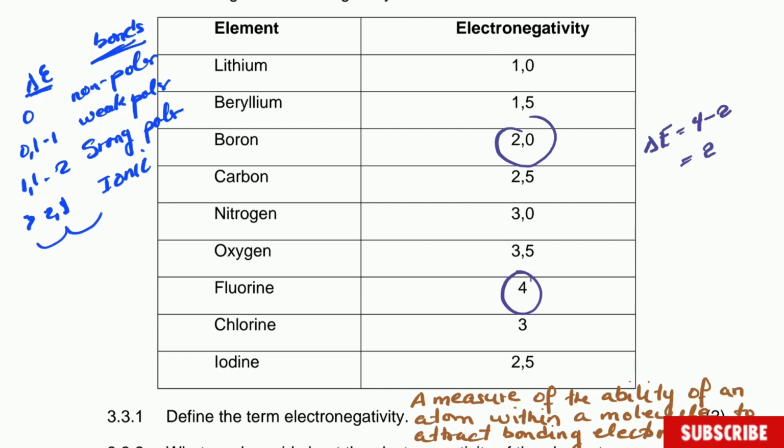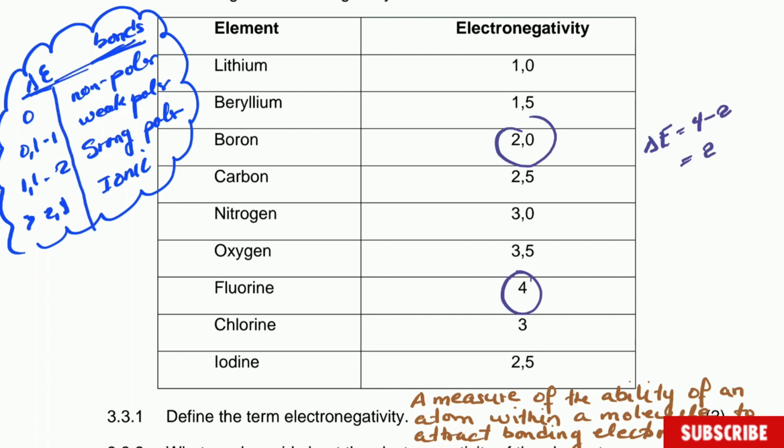Now this little table here, you need it because you will be asked about the polarity of a bond for sure in the exam. So there you can see what happened. Now here we are at 2, which is in this range here, so it's a strong polar bond.